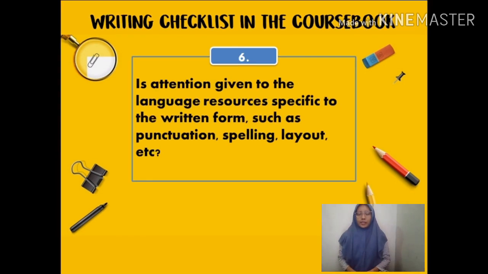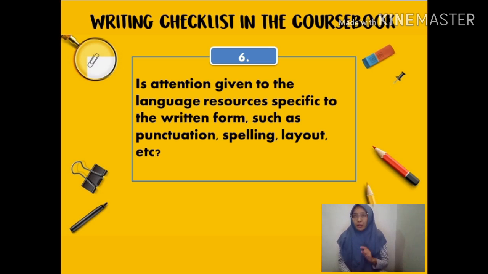Next, number 6. Is attention given to the language resources specific to the writing form, such as punctuation, spelling, layout, and etc.? Language resources in writing include spelling, punctuation, layout, and so on. This aspect is very important and crucial in writing activity.